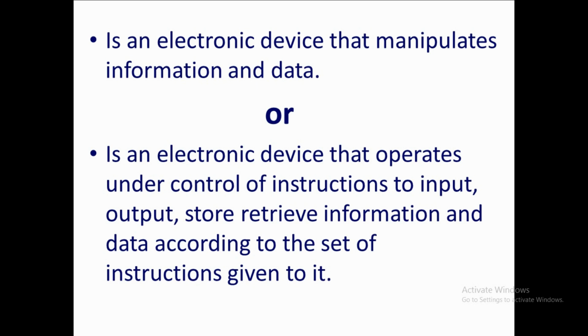Something like that shows that such devices work under certain instructions. So the last definition says a computer is an electronic device that operates under control of instructions to input, output, store and retrieve information and data according to the set of instructions given to it. Thank you. We meet next time.